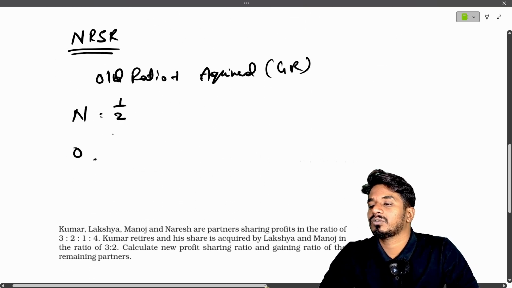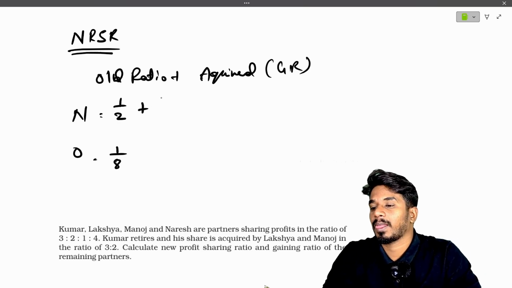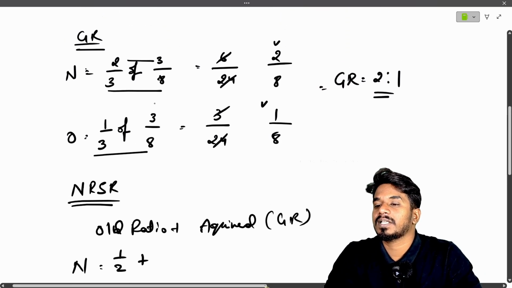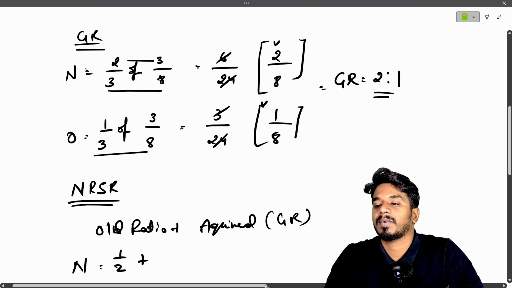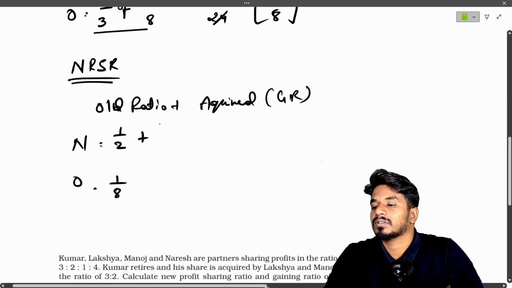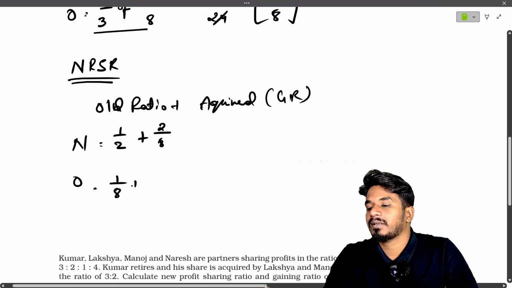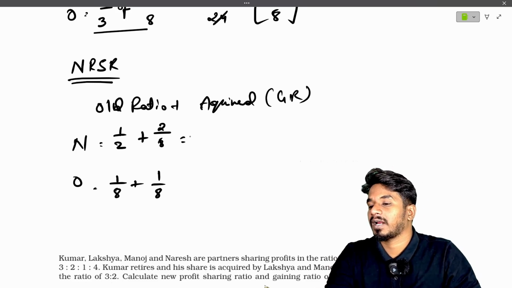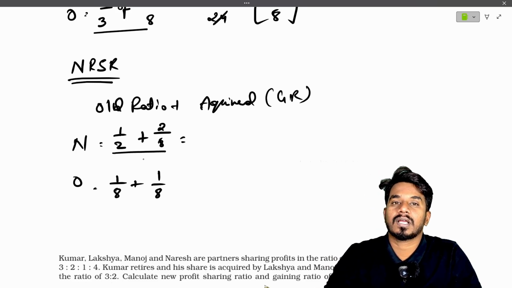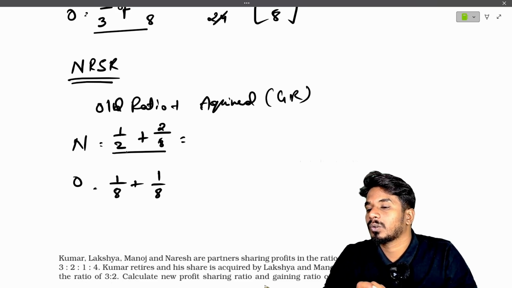So 1 by 2 and 1 by 8. We have to add the gain ratio. That is, we got 2 by 8 and 1 by 8. So directly add. But here the denominator is not matching, so we have to match the denominator.